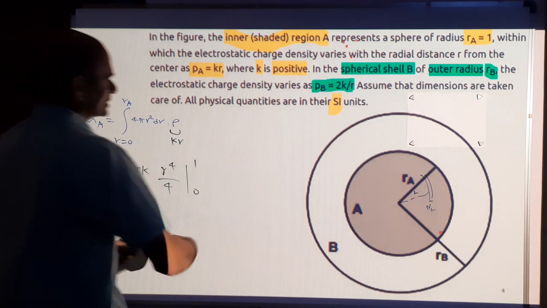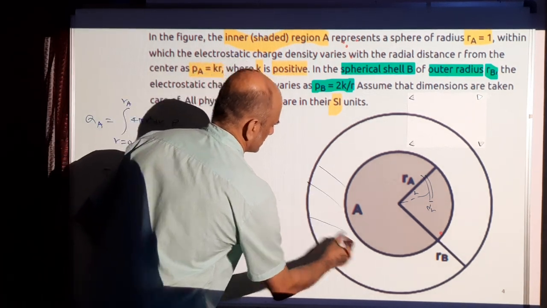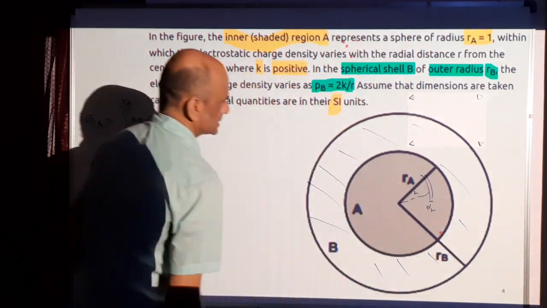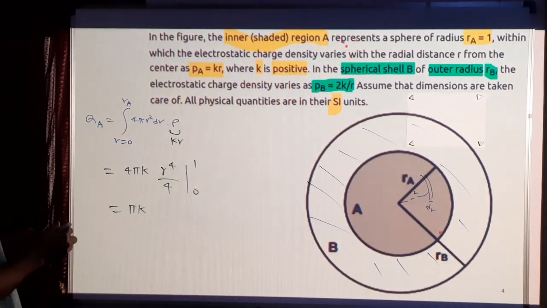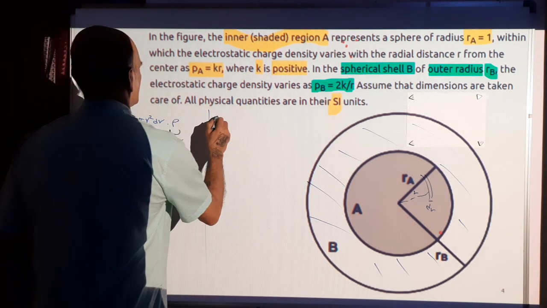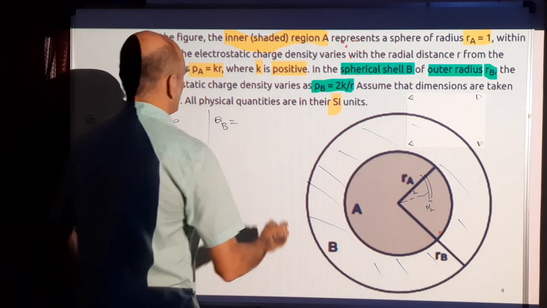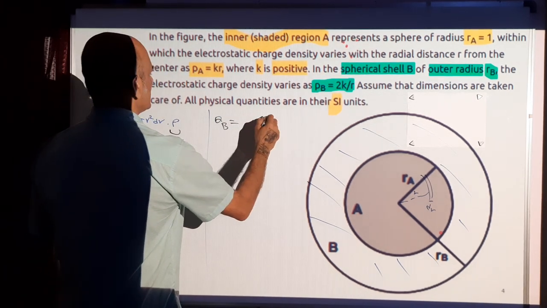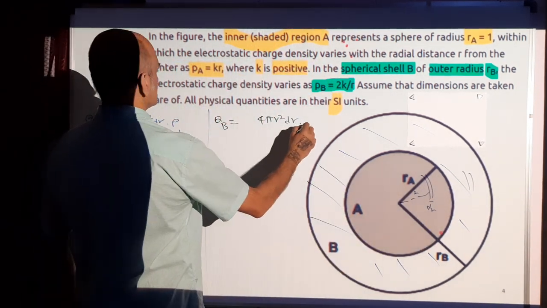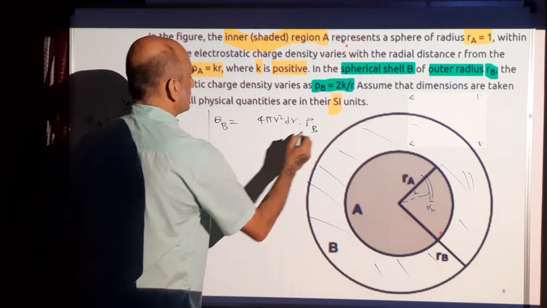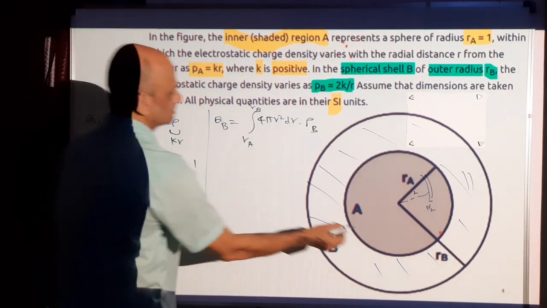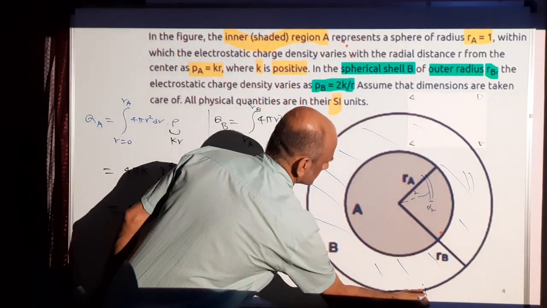And for the outer shell, this is the shell region from here to here, that is from radius Ra to Rb. To get the charge in that region, QB is the same way: 4 pi r square dr is the volume of the shell here, and the charge density is rho b, this is rho a, and integrate from Ra to Rb, because the shell is from Ra to Rb here.